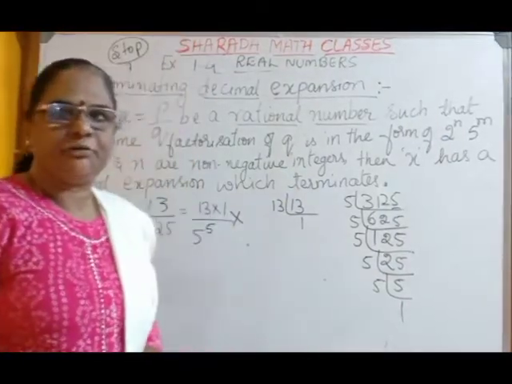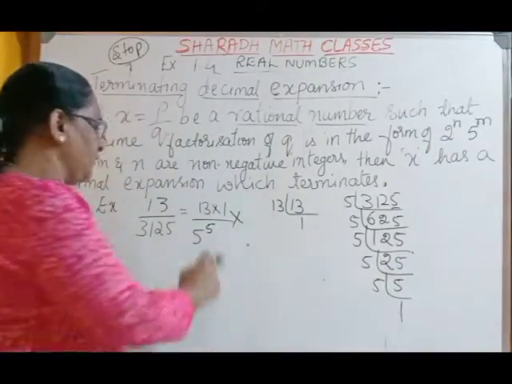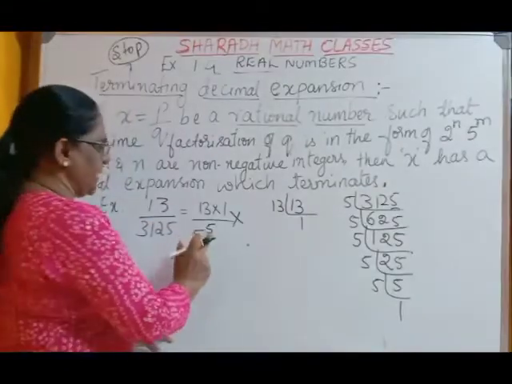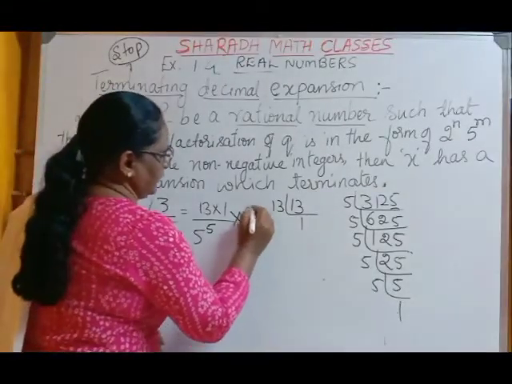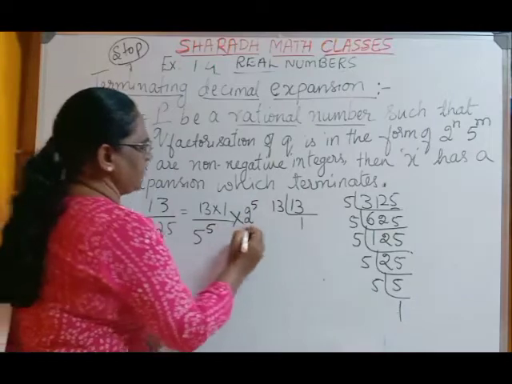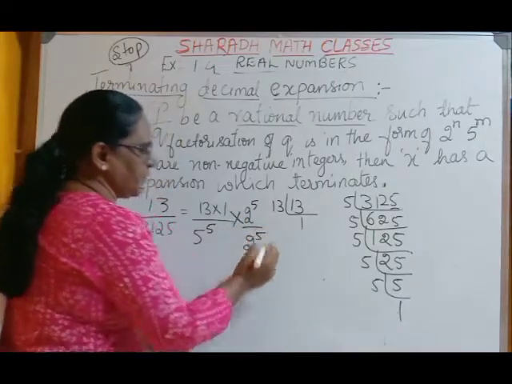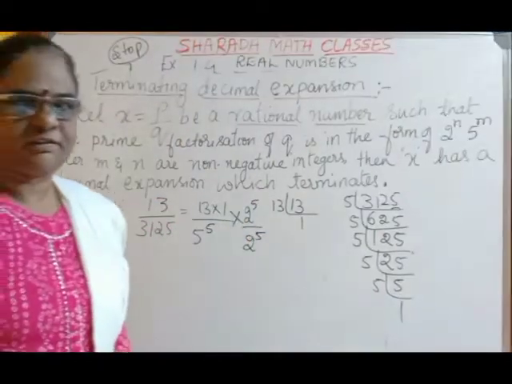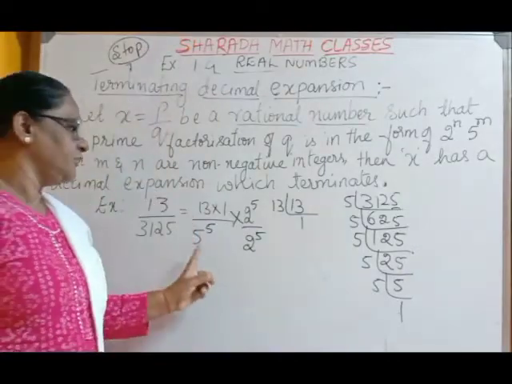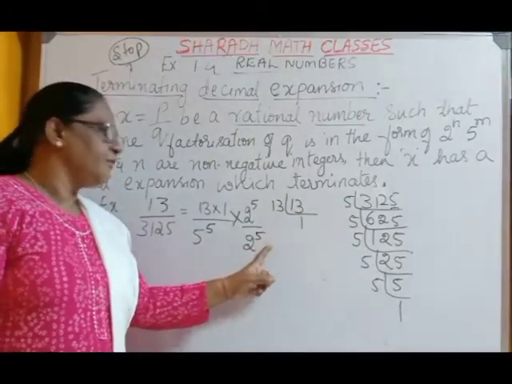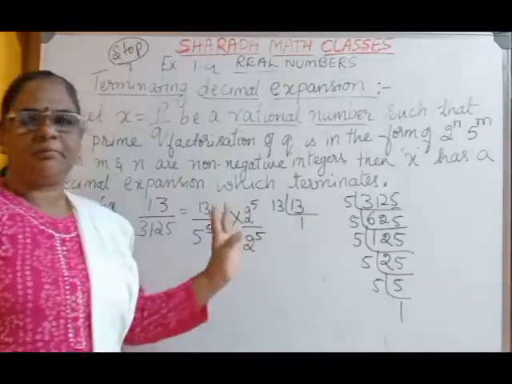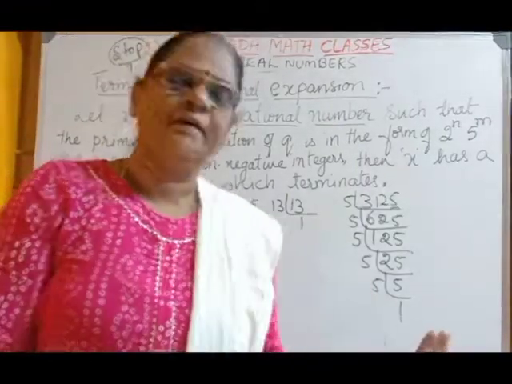So what I am going to do is take 2 with the same power, 2 to the power of 5. So there is no change in the value. I am going to multiply by 2 to the power of 5 in both numerator and denominator, so that there will be no change in its value.